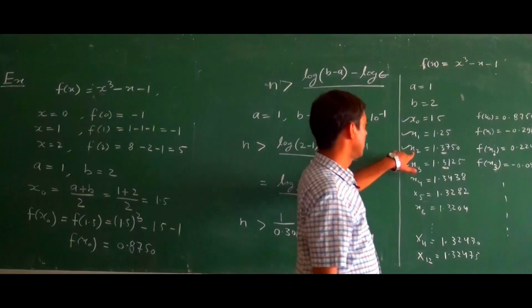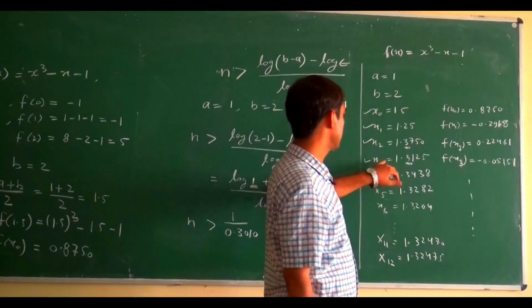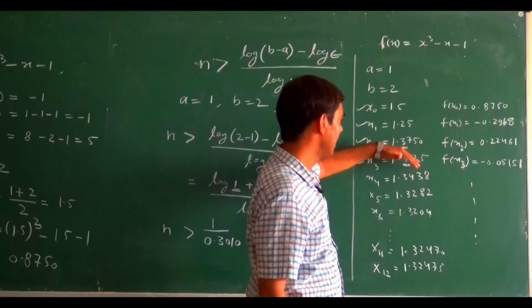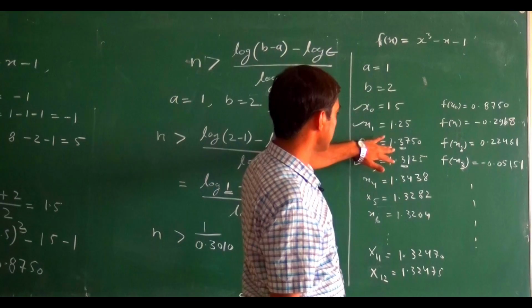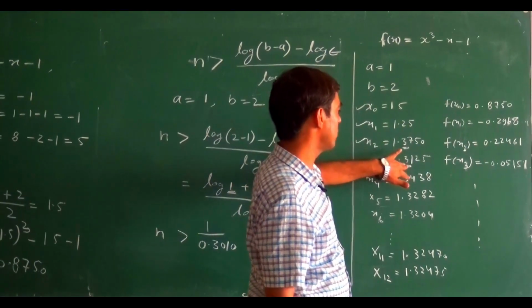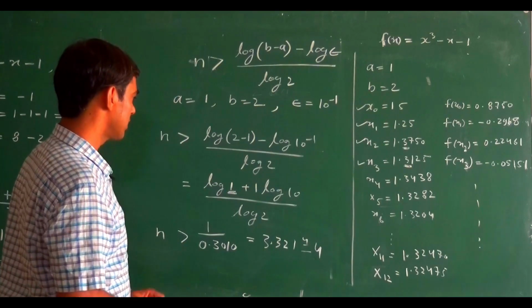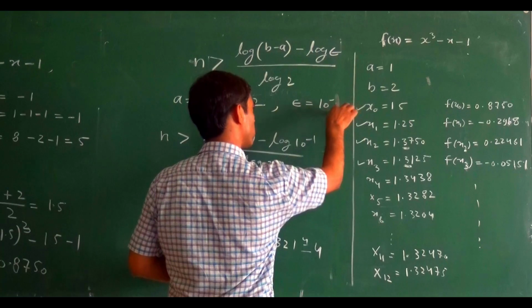In x2 this is 1.3 something, in x3, the fourth iteration, this is 1.3 something. So if we try to find the root correct up to 1 decimal place, the value is 1.3.